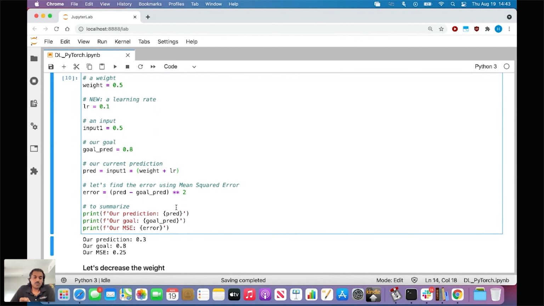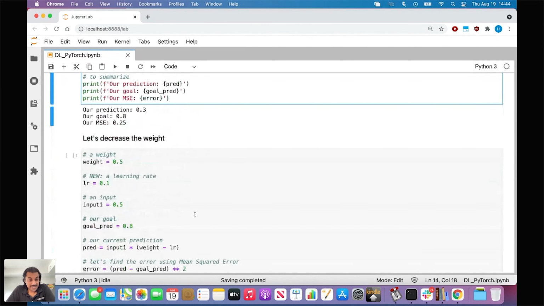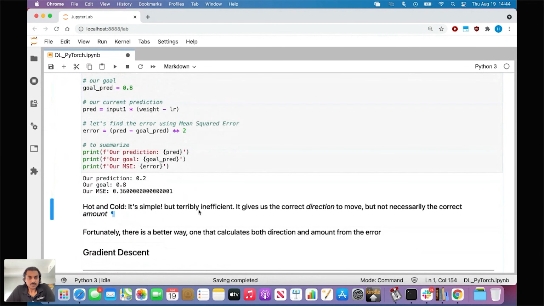So here, when we increase the learning rate, ergo, we increase the weight, we get closer to our goal. Now, if we decrease the weight, very clearly we can see that we're going in the opposite direction.